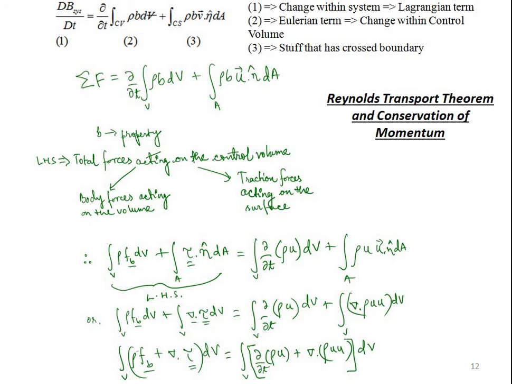So shear forces are basically not in the direction normal to the surface, but they have 2 components of forces, 2 directions of forces associated with that magnitude. That's why we get a tensor.